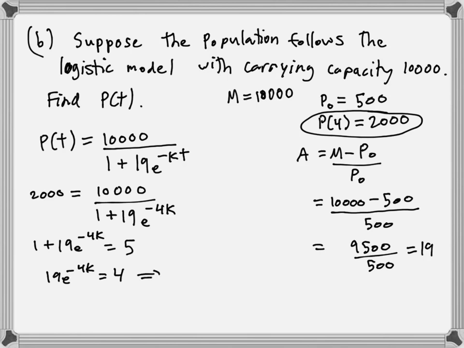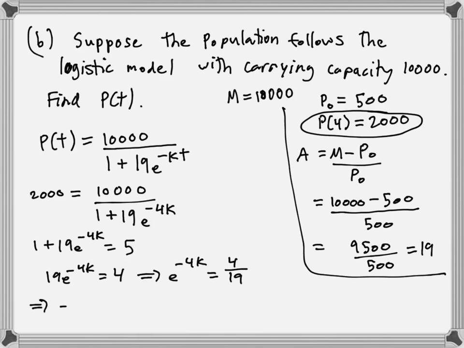Or we get this after division, or take the natural log of both sides, and we get, or divide both sides by negative 4, we get k is equal to negative 1/4 the natural log of 4 over 19.